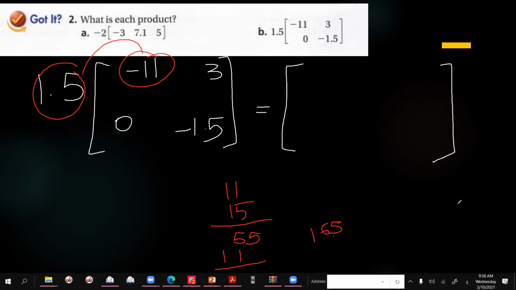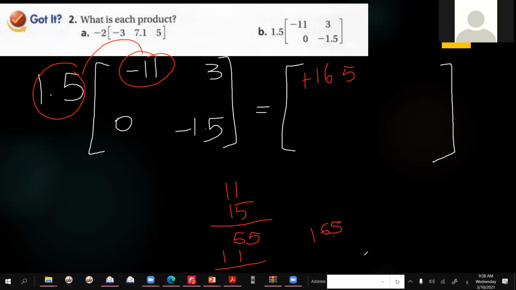So it's 16.5, negative, I'm sorry. Because I'm multiplying positive by negative numbers, it is negative 16.5. Is it clear? A positive by a negative is supposed to be negative.